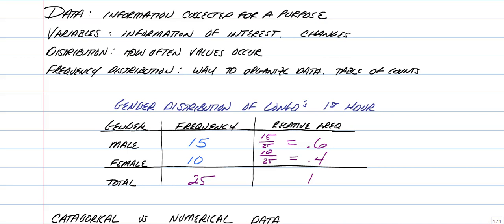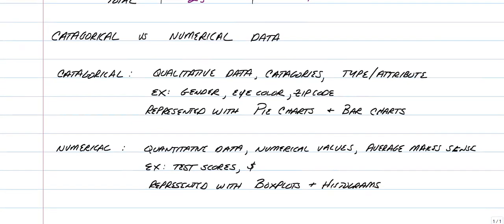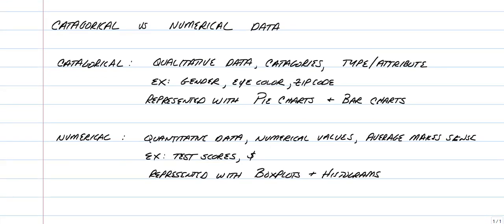Okay? Now there's a couple of different types of data that we're going to collect or analyze in this unit, and that would be categorical and numerical. A categorical type of data is qualitative, which means it represents a certain quality or a category or some sort of a type of data.